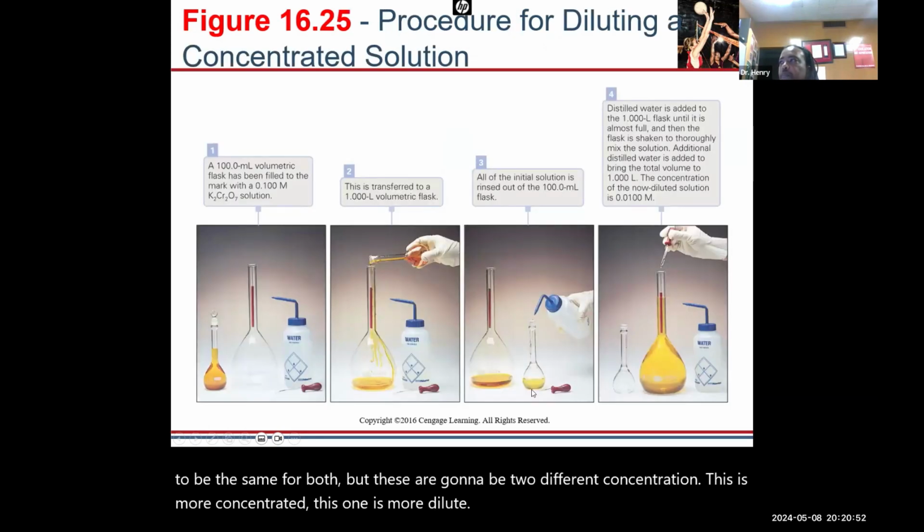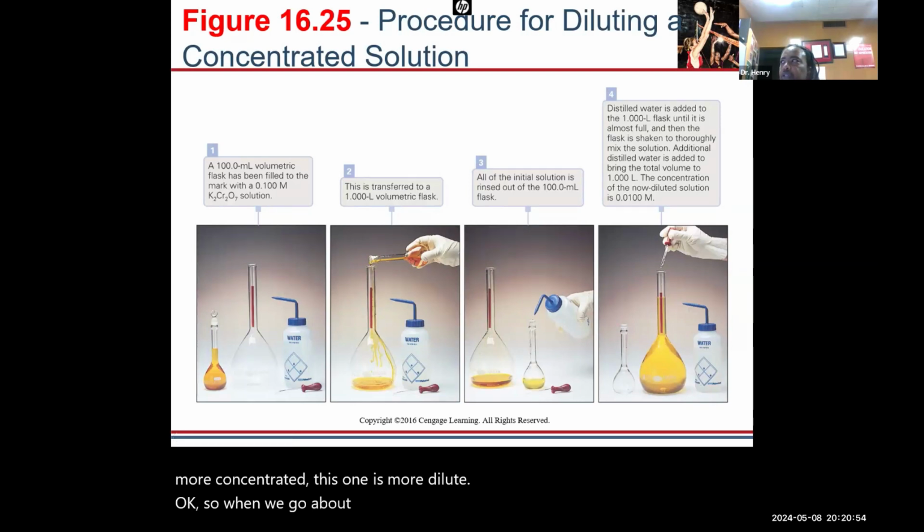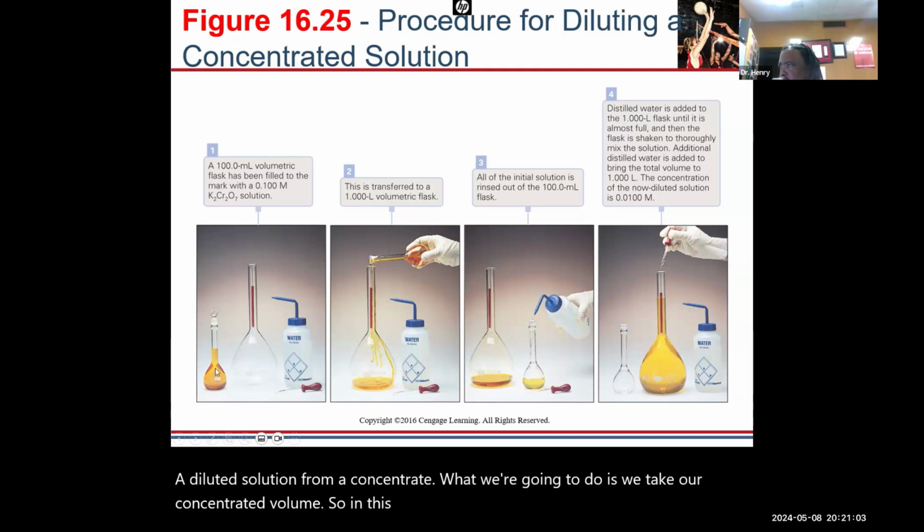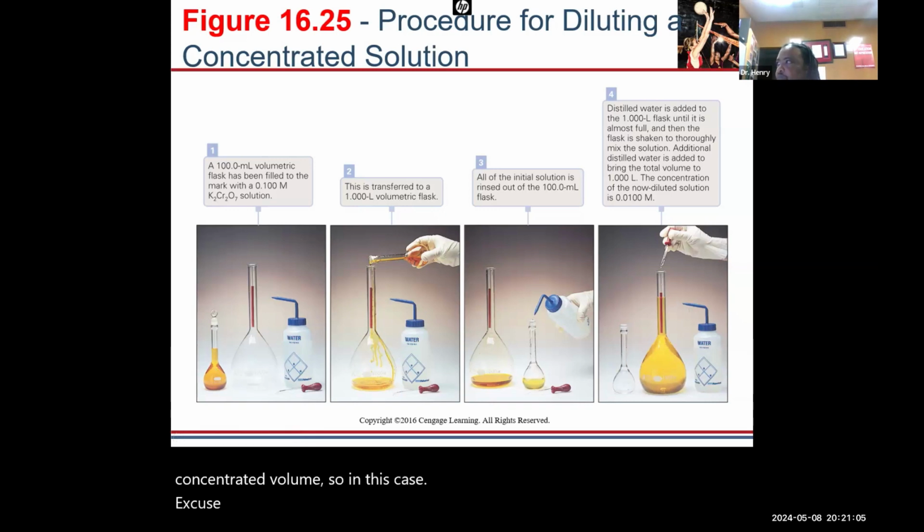Okay, so when we go about making a diluted solution from a concentrate, we take our concentrated volume. In this case, we have 100 mils of 0.1 molar potassium dichromate. And we're going to put that in our new volume of 1,000 mils.